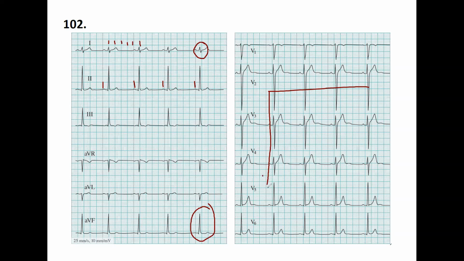It's meaning it's close to either plus 90 or minus 90, but you do see that positivity in AVF, so it has to be here. It's meaning the degree is 90 degrees. However, if you see that this is a little bit more positive, you can count that a little bit less than 90. So you can say, for example, the degree is 80 degrees.